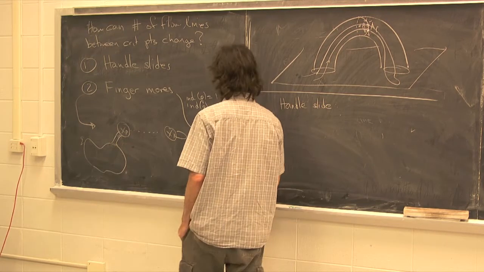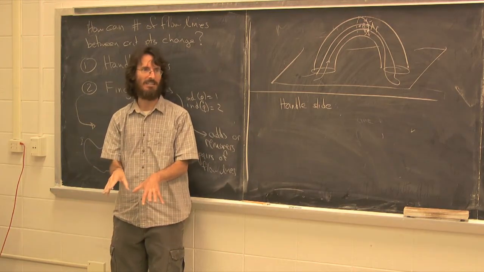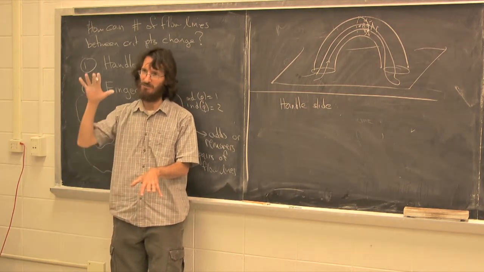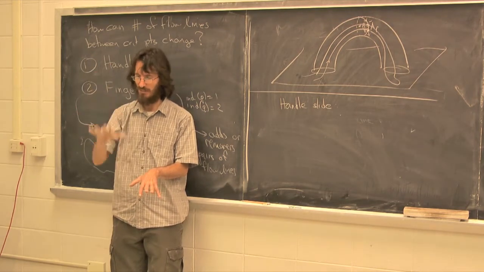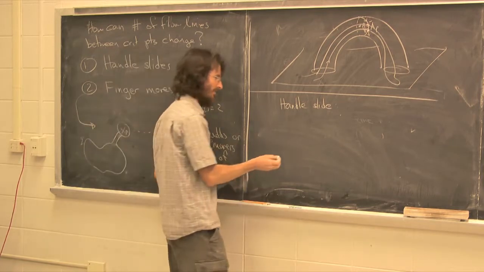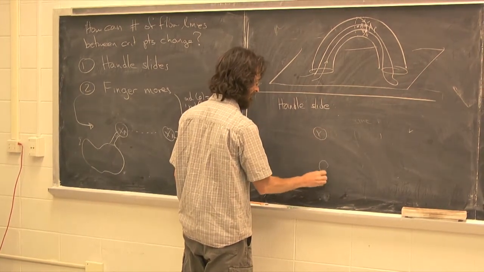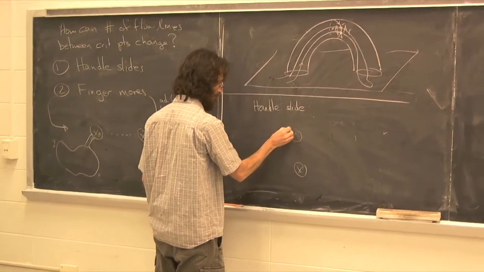What I want though is that a handle slide involves 2 critical points or 2 handles of the same index. But we care about flow lines from index k down to index k plus 1 down to index k. And here's how a handle slide can affect that. Let's do a simple example.